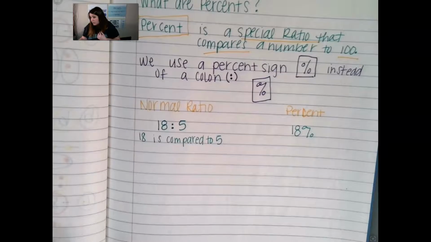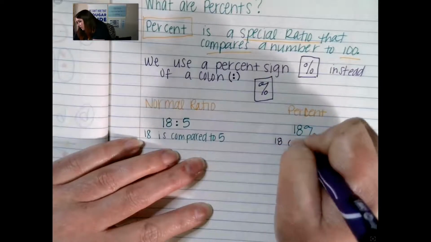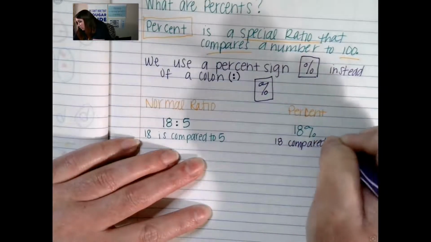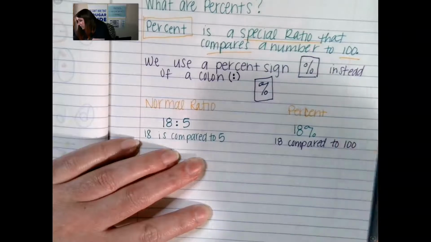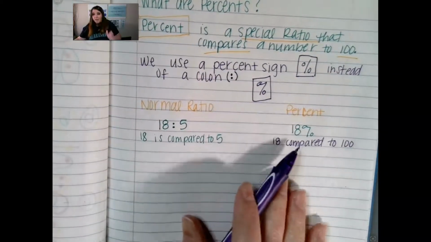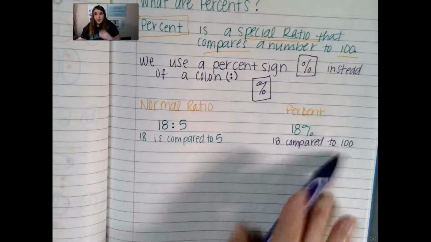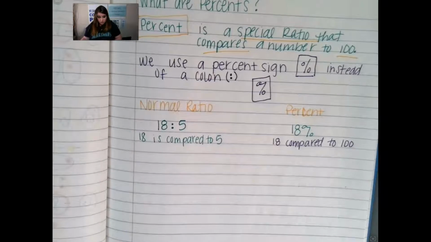It's not being compared to 5 like over here. This is 18 compared to 100. So here you had 18 compared to 5. This one, every single time, is being compared to 100.